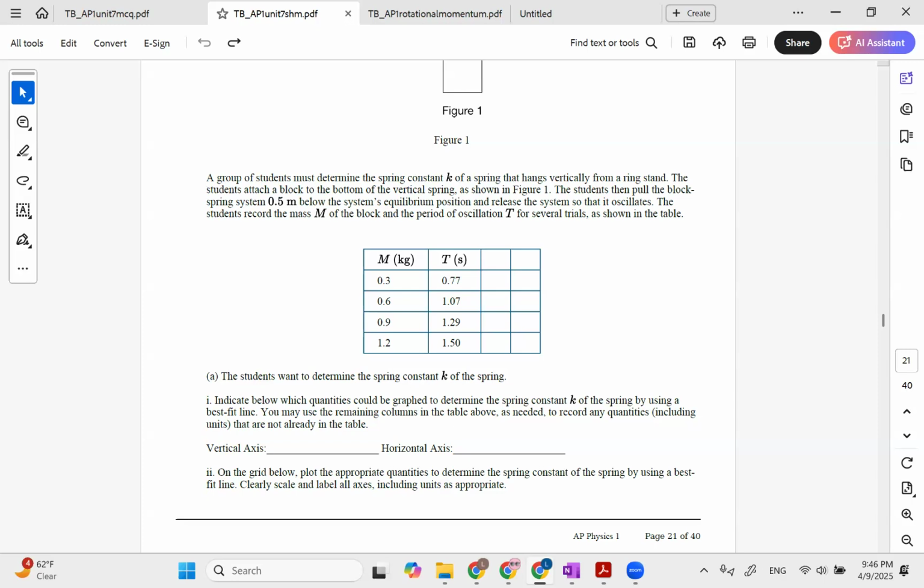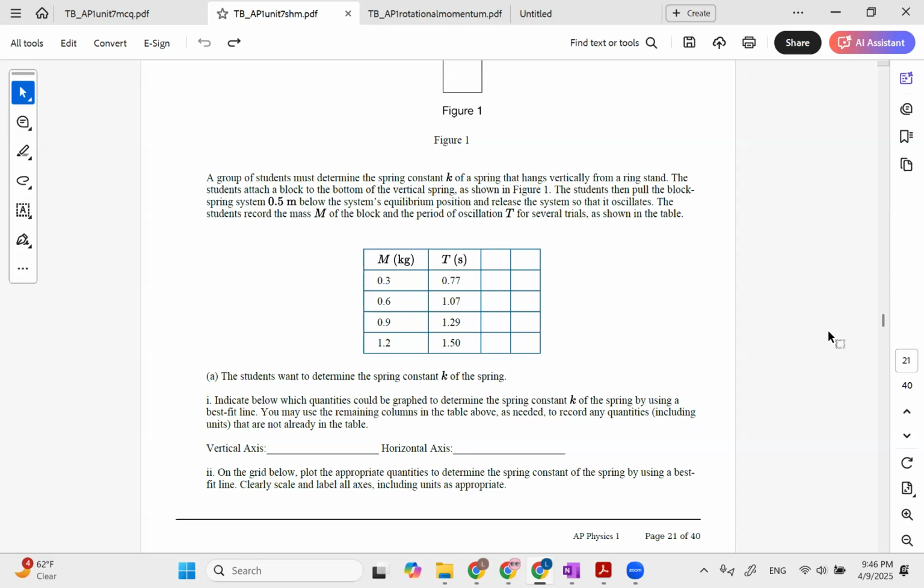Okay. Then try to see how you are looking for k, right? In the table, what is given? What you are looking for, right? Mass on the vertical and time on the horizontal.